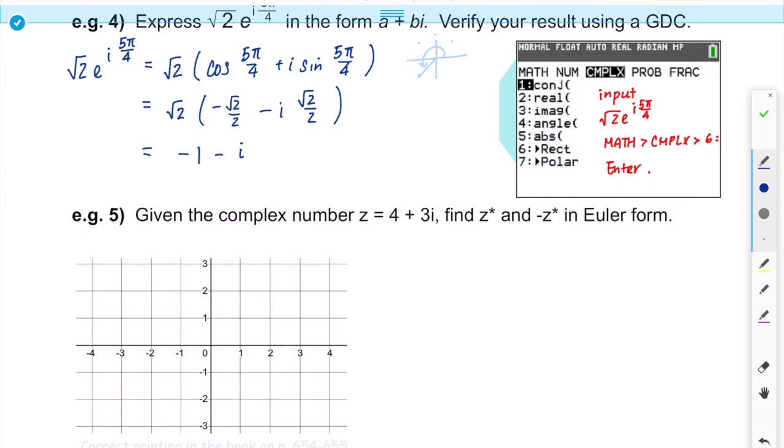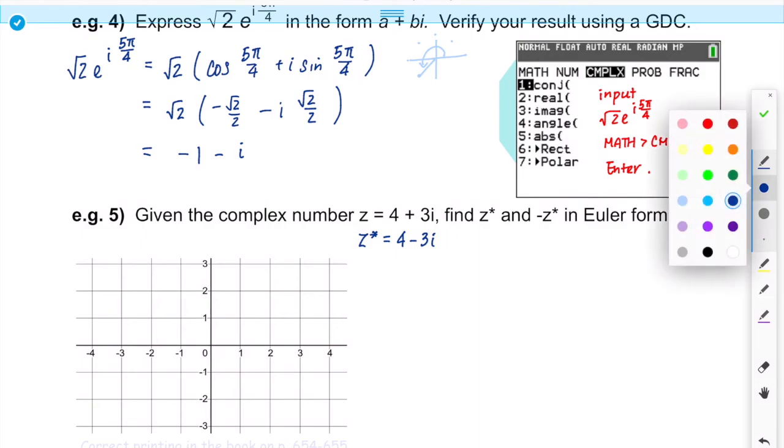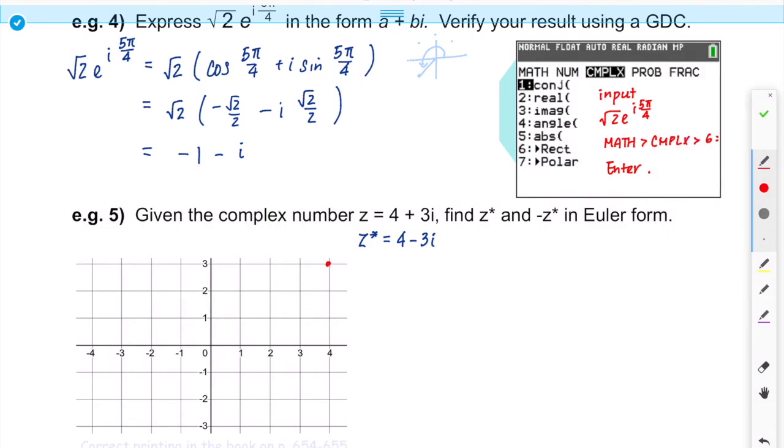Just to remind ourselves in rectangular form, 4 plus 3i is z. Z star is 4 minus 3i. So it is right here.